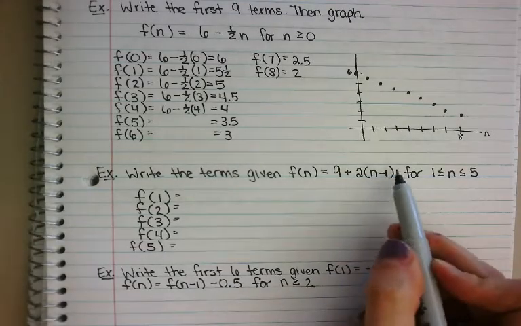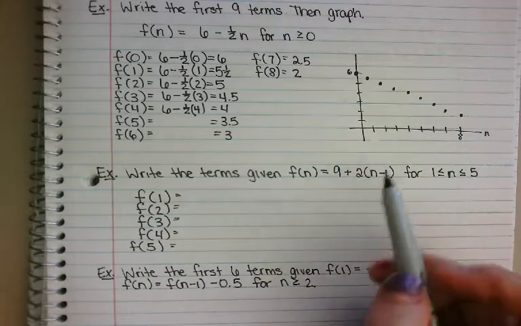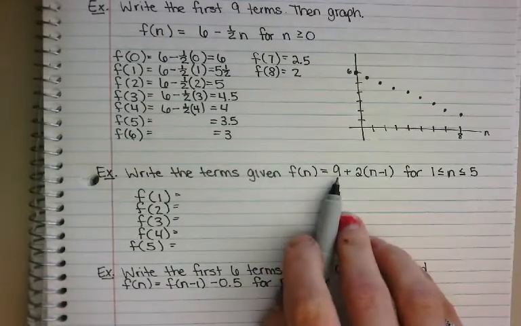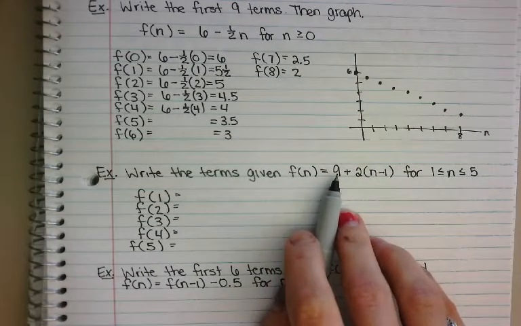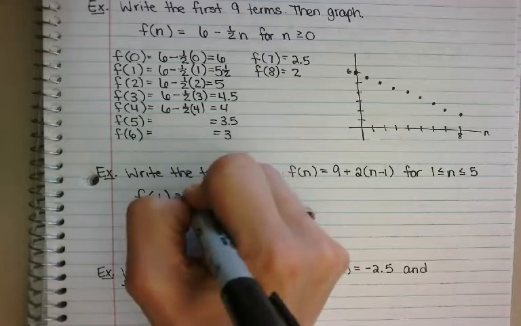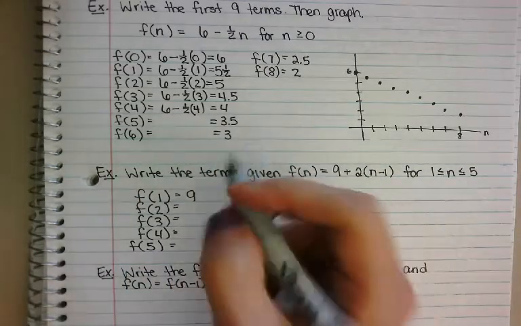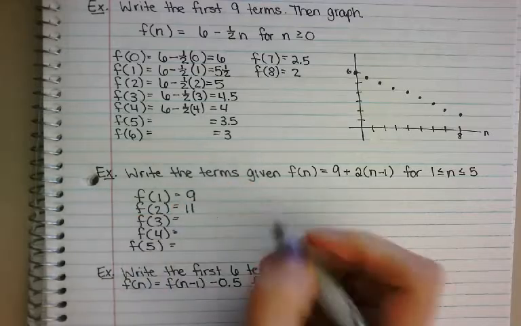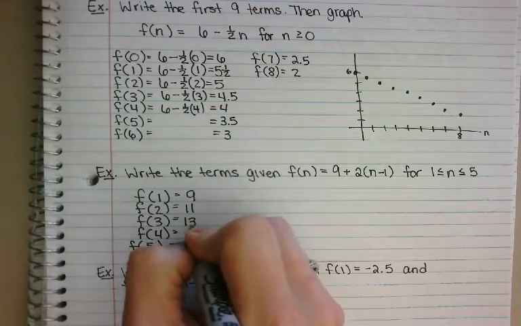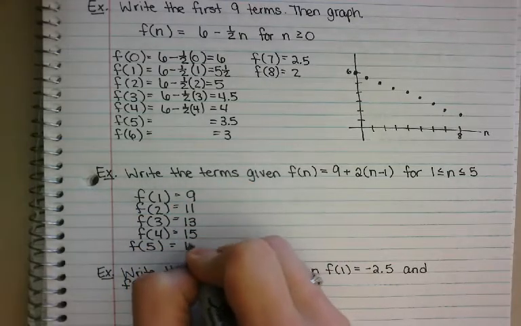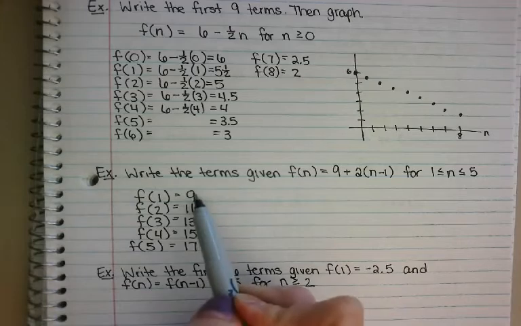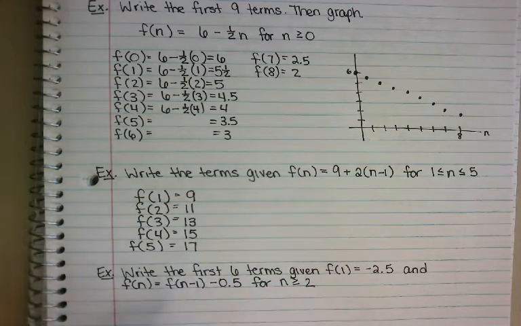One way is that I can plug in the numbers, or I can say, well, hey, there's their first term. Okay, so their first term is 9. And then they are going up by 2's. So then I can say, all right, let's go up by 2. So that would be 11. I can say go up by another 2, 13, 15, 17.